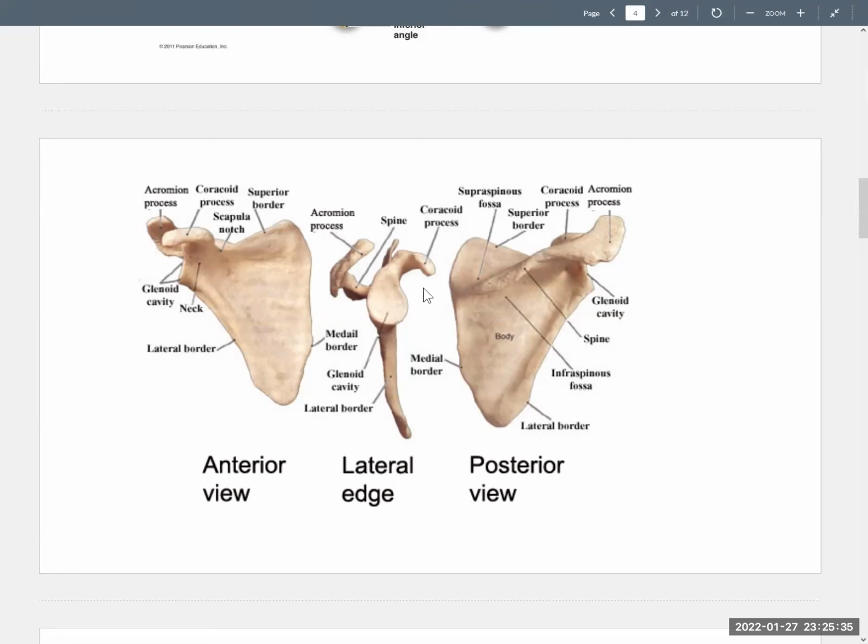Now let's move back over here. We did the spine. We did the infraspinous fossa, supraspinous fossa. Yes, we did it all. We didn't go slow enough for you to memorize all of this, but to get a snapshot.